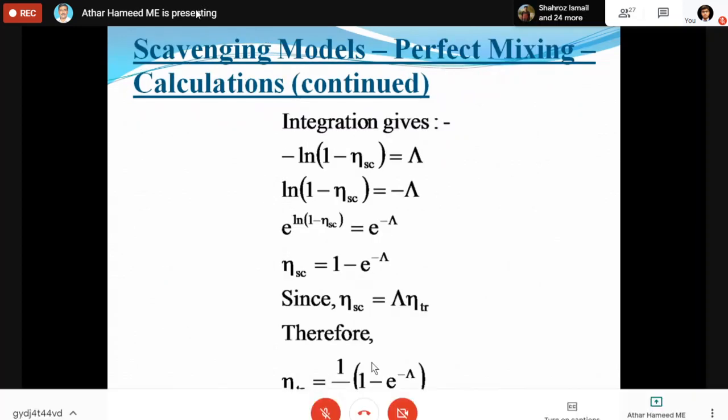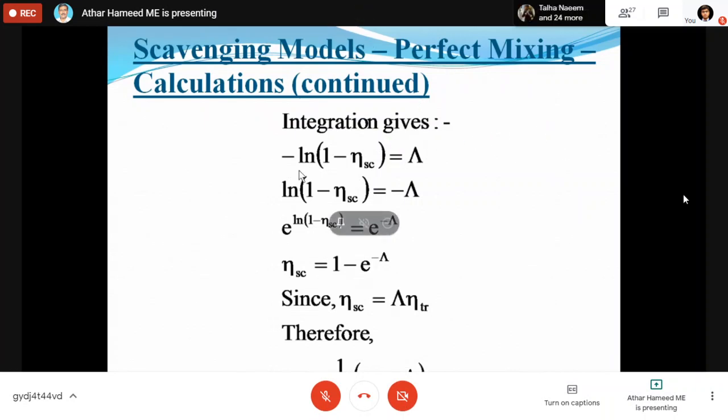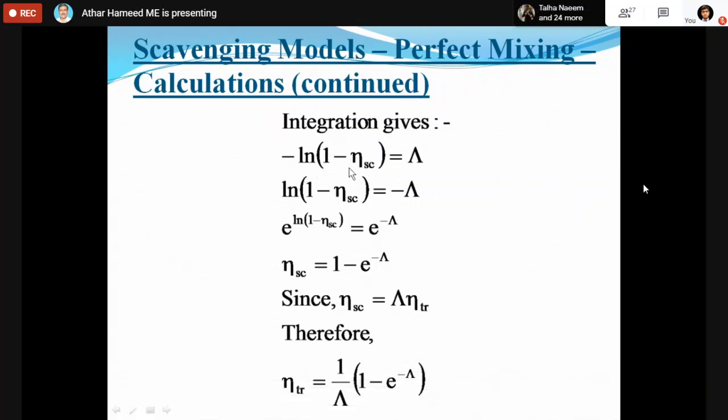This integration gives minus natural log of 1 minus scavenging efficiency is equal to the delivery ratio, lambda. Or natural log of 1 minus scavenging efficiency is equal to minus lambda, so 1 minus scavenging efficiency is e raised to power minus lambda. So we get the equation: scavenging efficiency is equal to 1 minus e raised to power minus lambda.